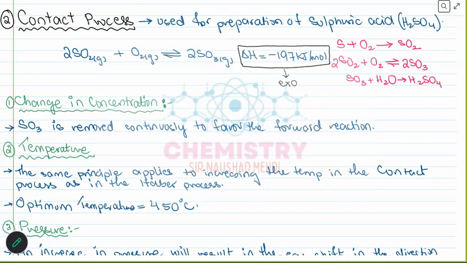First, change in concentration. How will you change the concentration to shift the equilibrium in the forward direction to get more and more SO3 gas? It would be similar to the Haber process.